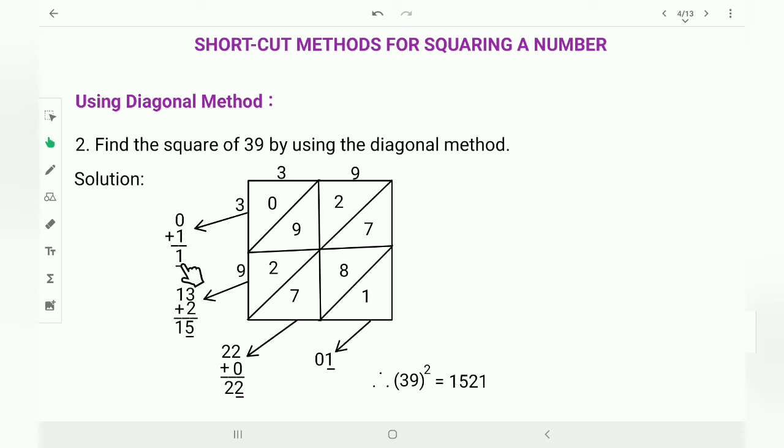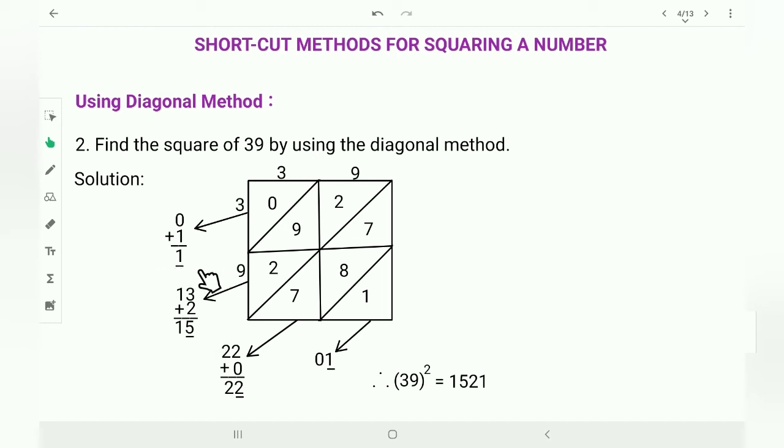In the last, which number have you got? 1 here, right? If there is a 2 digit number or 3 digit number, you have to underline all the digits, like here, like here. You do not have to underline only the ones place digit.